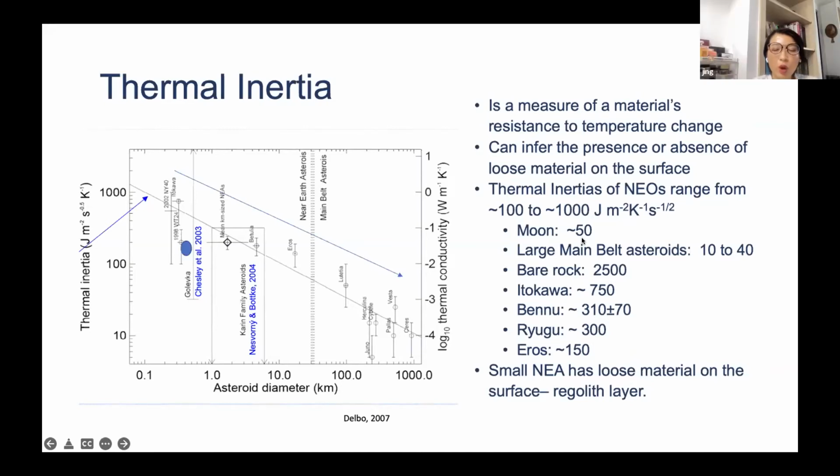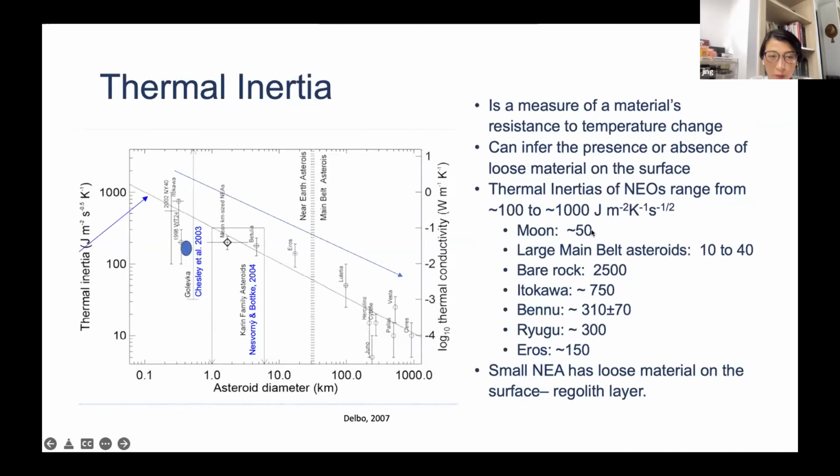So we all know the moon is covered by a very loose and fine regolith. The Apollo samples, also Chang'e 5 samples, I think they are up to millimeter, but most are micrometer-sized grains.